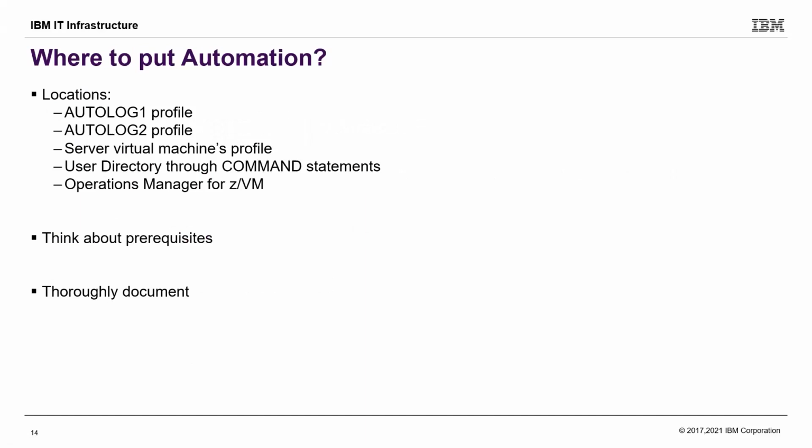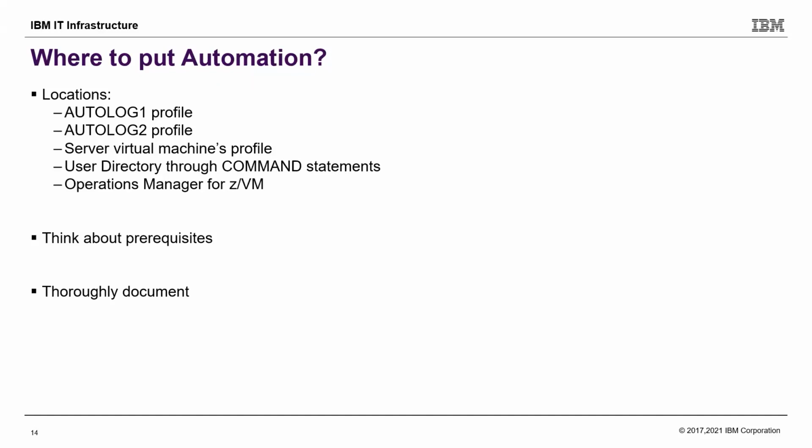So where can I put all that? There are several places. There are the Autolog1 and Autolog2 user IDs and their profiles. You can do some automation there, and I'll show you some examples of that. In individual virtual machines, so in the server virtual machine profile, you can have it check and make sure certain resources are available that it needs to start doing its work. In the directory, you can identify command statements that will issue a CP command for a specific user as the user is logging on.